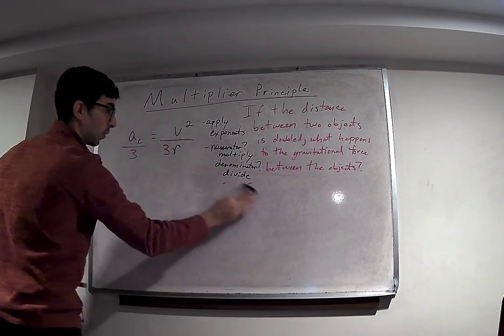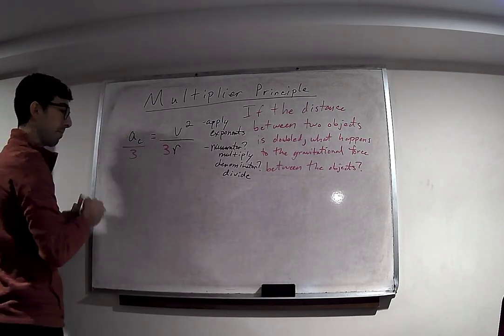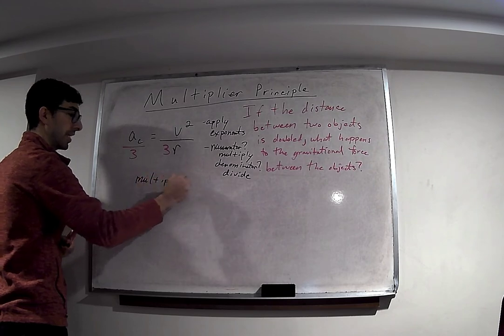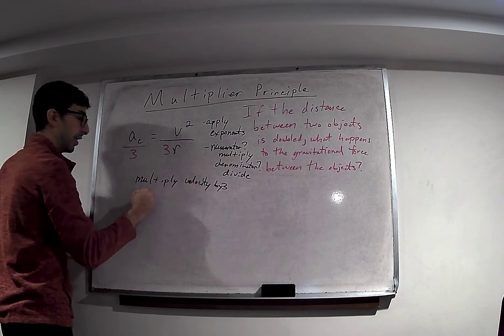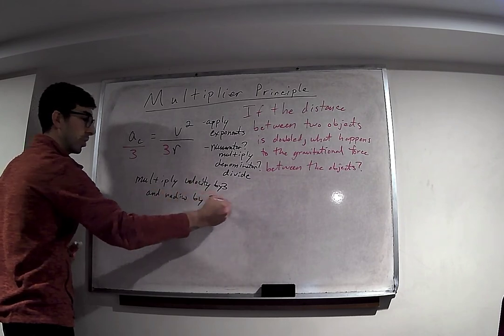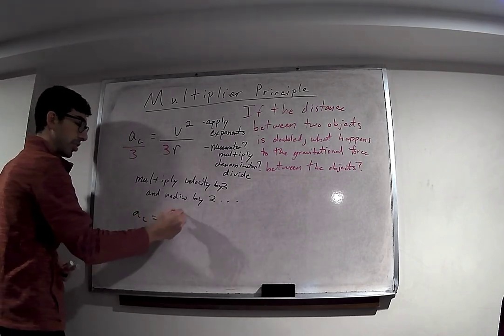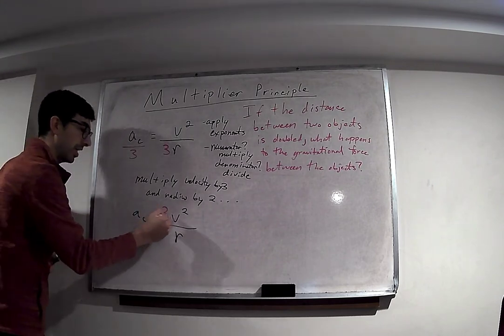Let's use the same equation, and let's say I multiply velocity by 3 and radius by 2. What happens to centripetal acceleration? Well, centripetal acceleration is v squared over r. We multiply velocity by 3.